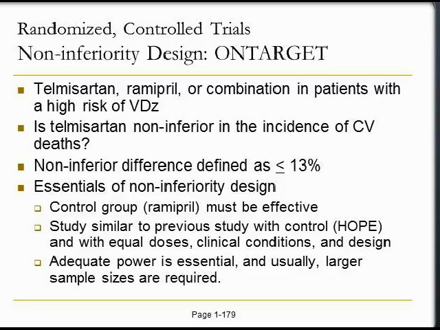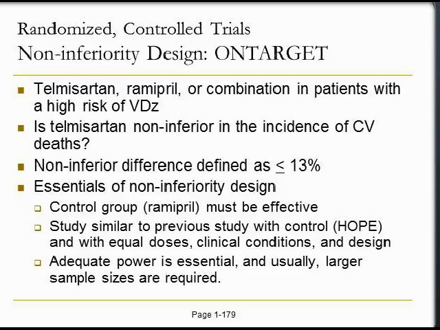An example of this is a study called the ONTARGET trial, which was a study of telmisartan versus ramipril or its combination in patients with a high risk of cardiovascular or vascular disease. Basically the question asked was, is telmisartan non-inferior in the incidence of cardiovascular deaths?